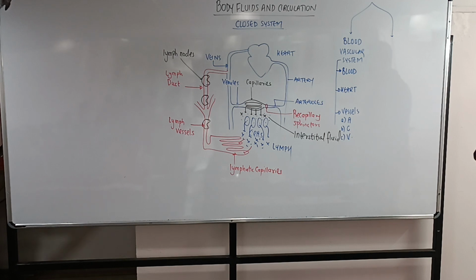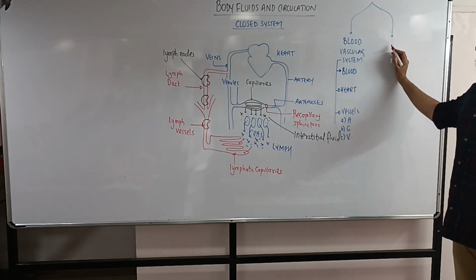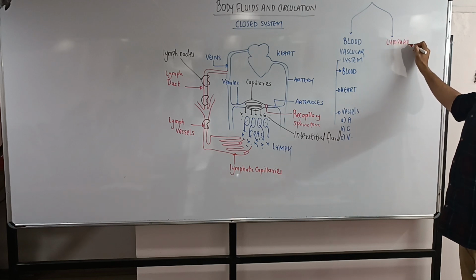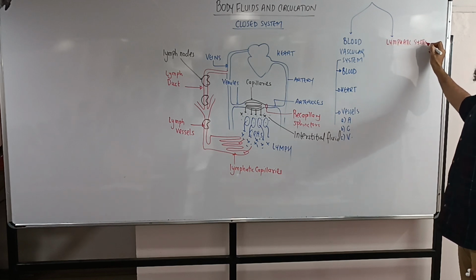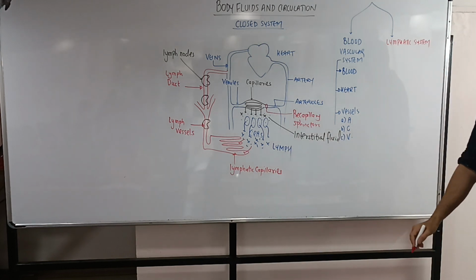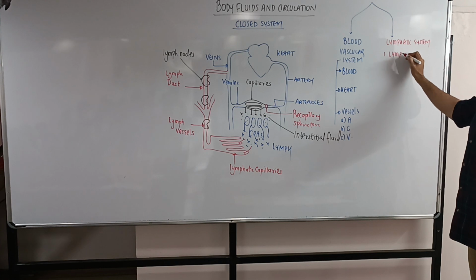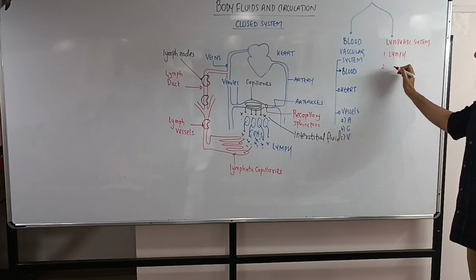Did everyone understand up to here? What is the other system, children? It will be the lymphatic system. And this lymphatic system will be made up of the liquid which is called lymph.